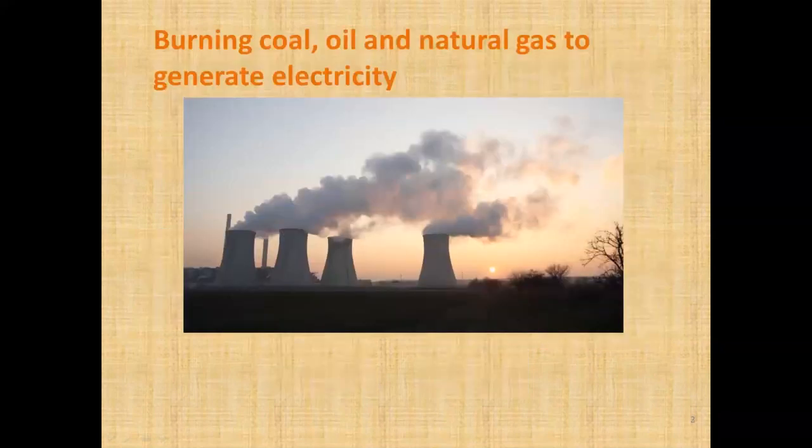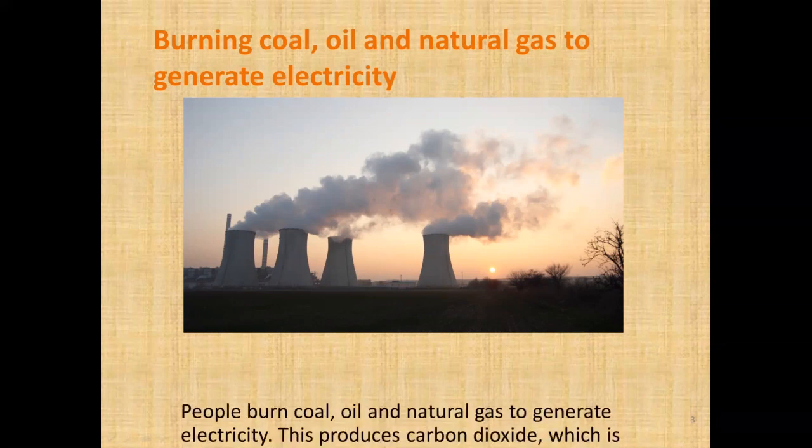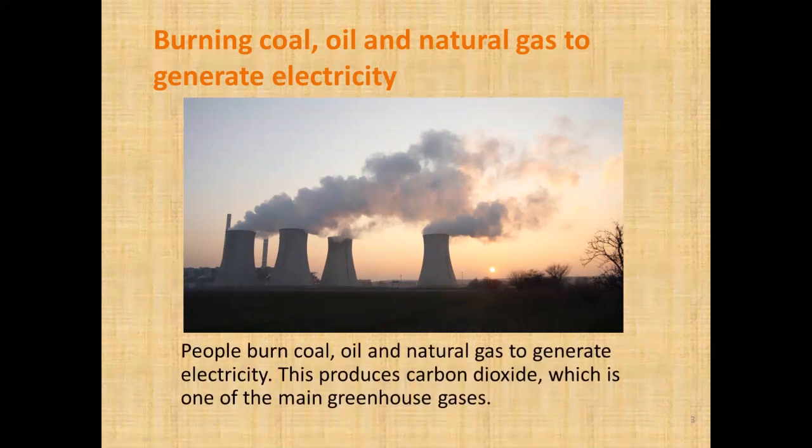Okay, so the first human activity that will produce greenhouse gases is burning coal, oil, and natural gas. I think all of you know that every day we need to use electricity to help us have a better life.